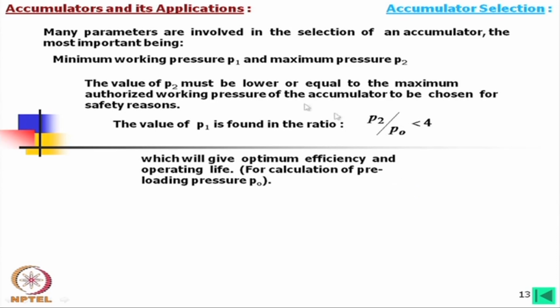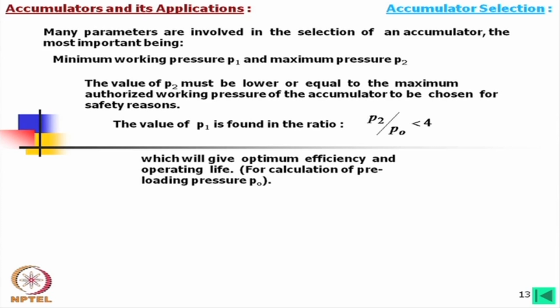Now, as I told you that it is less than, one may think that the charge pressure P 0 should be close to this one, but actually what it means is that if you measure the pressure of the bladder after charging, you may find that pressure is some P 0 value.